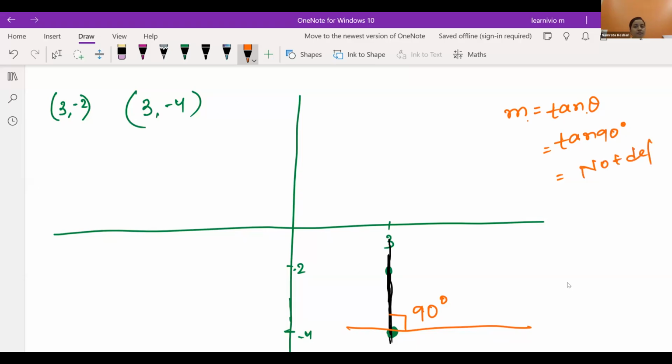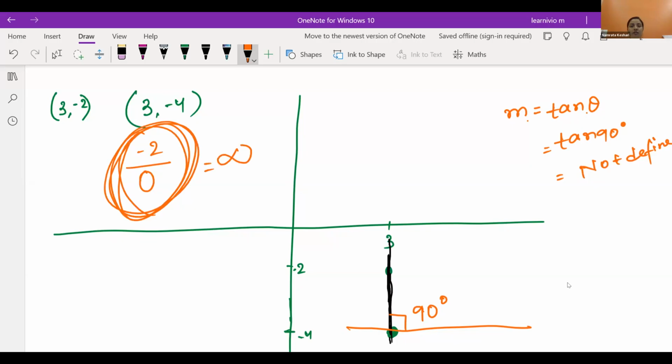Yes, ma'am. That's why here you are getting the slope like this. What was the slope? Something by 0. Which number? -2 by 0, right? Yes, ma'am. Can you see the slope is not defined over here? We also call it infinity.